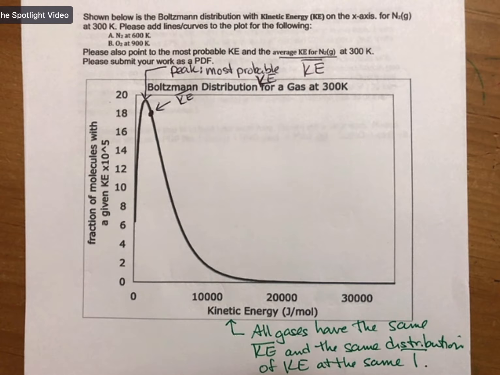So it actually doesn't matter whether I'm saying nitrogen at 600 or oxygen at 600. As long as kinetic energy is on the x-axis, the curves will be the same.